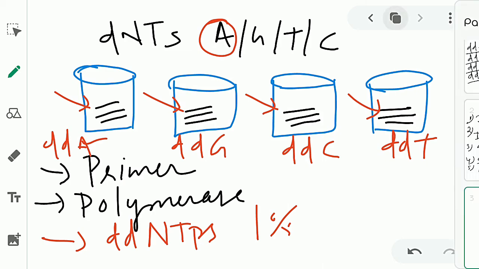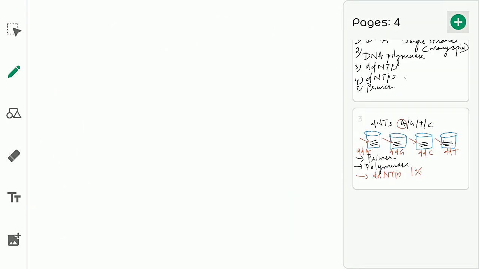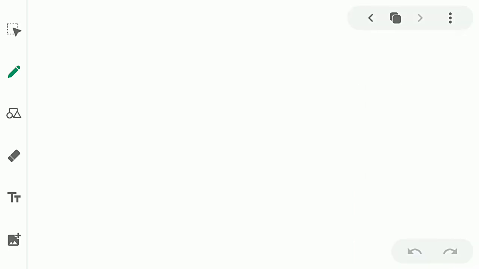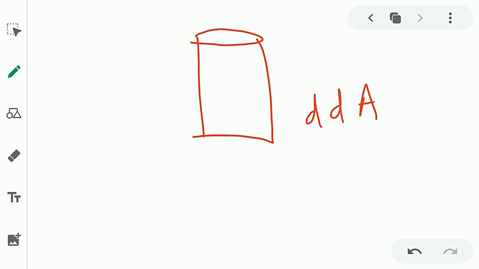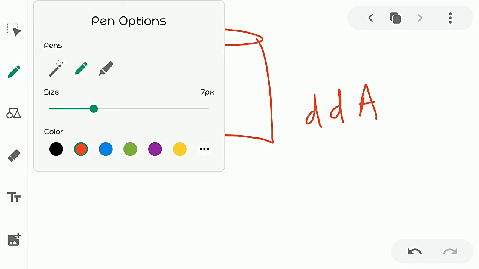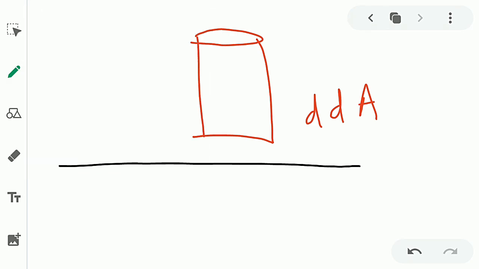Now all these tubes are allowed DNA polymerization. Let us take the first one, which contains ddATP. What happens here is the template strand is here, and suppose this is the 3' end and this is the 5' end of it.